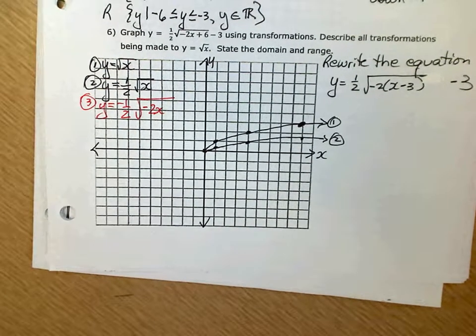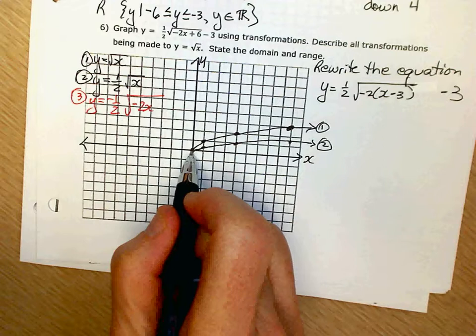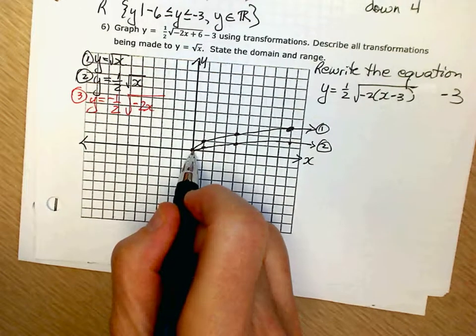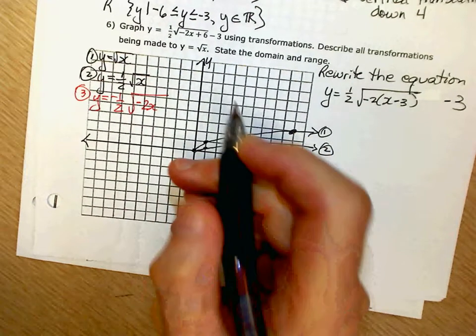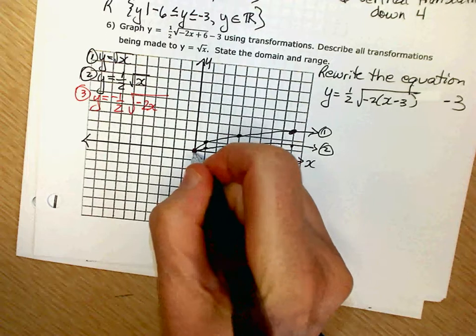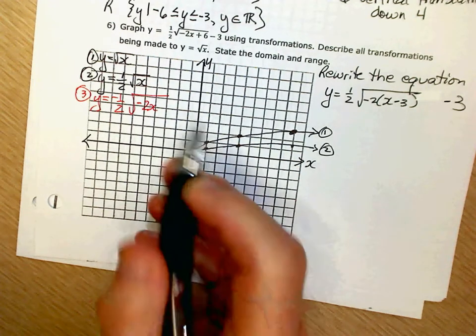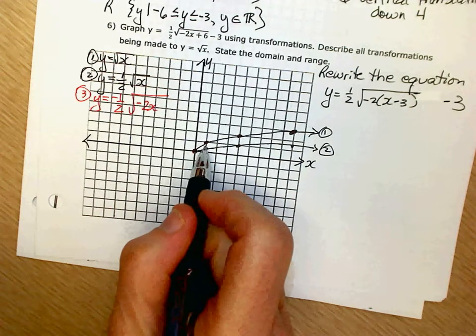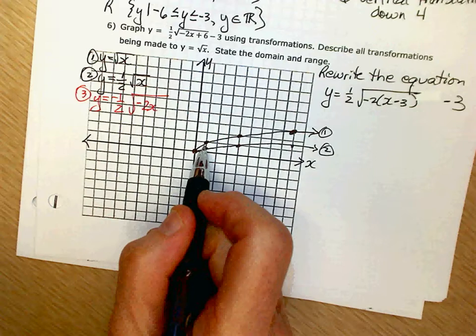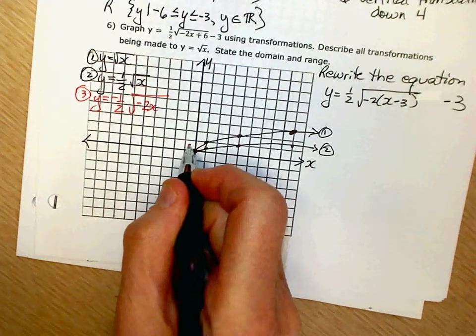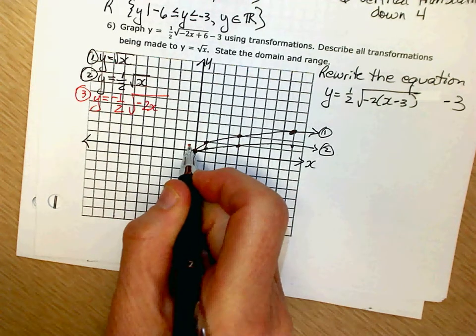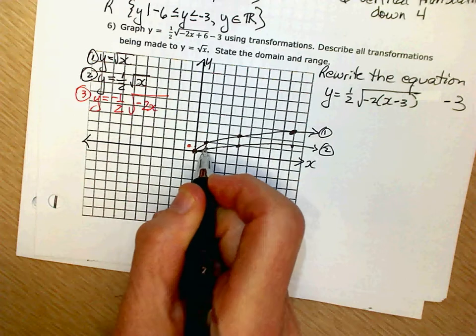Here the x value is 0. Negative 1/2 of 0 is 0. That is an invariant point under this transformation. Here the x value is 1. Negative 1/2 of 1 is negative a half. See how I'm going negative a half in the x direction? The y value in this transformation does not change.